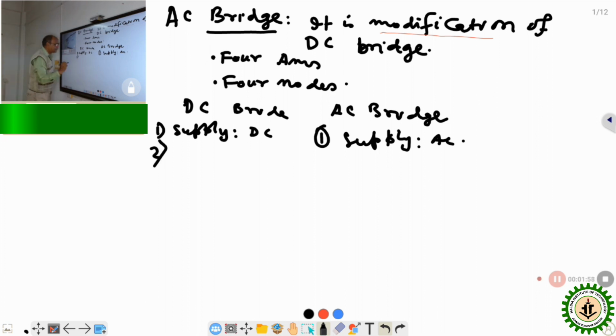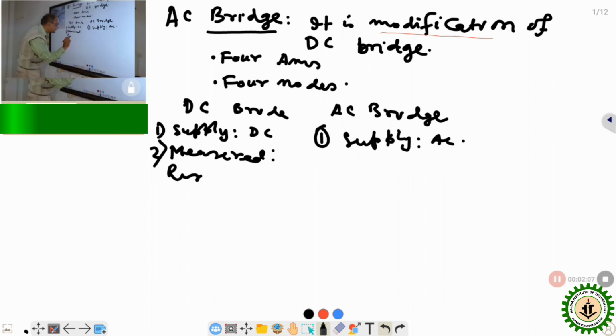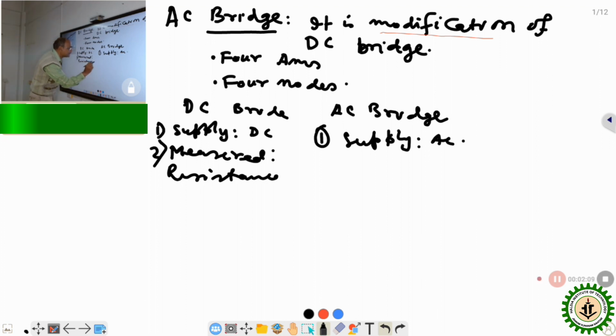And it measures only resistance because it has no frequency.